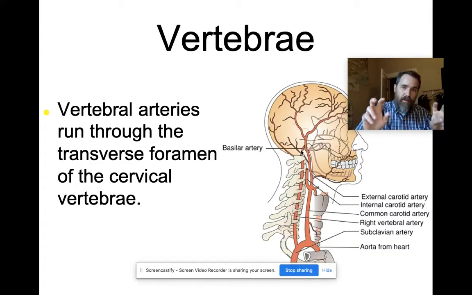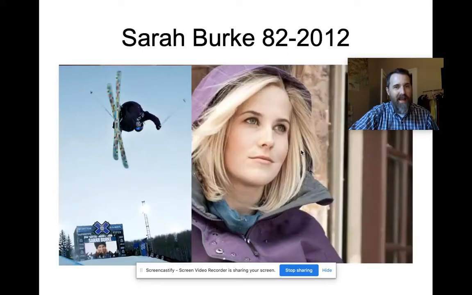So the vertebral arteries, right and left, running from the aorta to your brain to give blood supply to your brain, run through the transverse foramen of the cervical vertebrae. And no other vertebrae has transverse foramen.